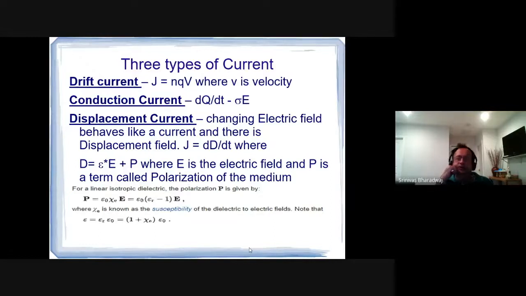So you have conduction current, which is what we all know normally as current. Then you have this displacement current, which is caused by polarization. And then eventually we will also introduce another term called drift current. Drift current or diffusion current is what you see in semiconductors.